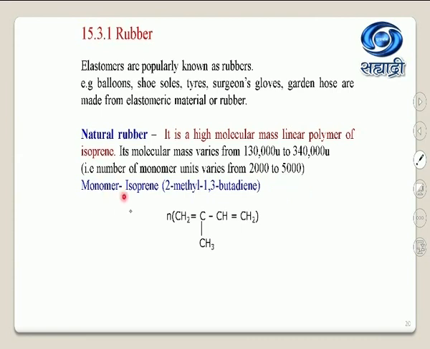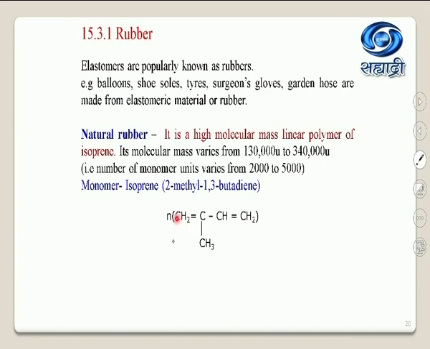Now, the monomer is isoprene. This is the IUPAC name, that is 2-methyl-1,3-butadiene. So this structure is given here. It is the isoprene structure. Carbon number 1 will be CH2. Then there is one methyl group on carbon number 2 and two double bonds are there.